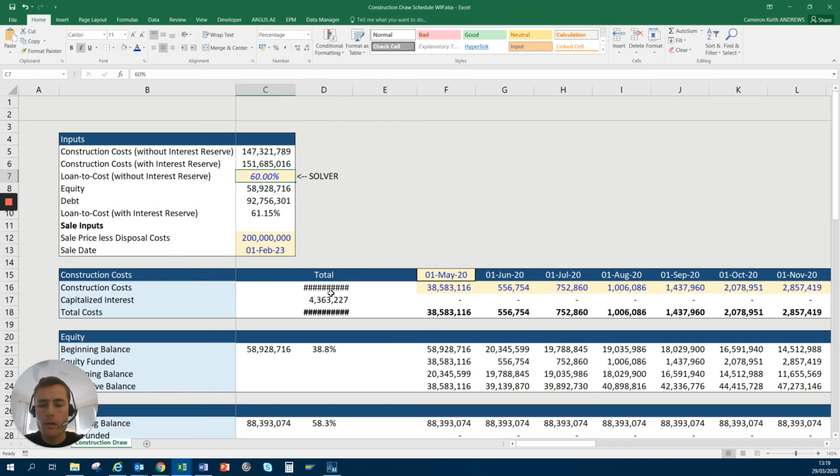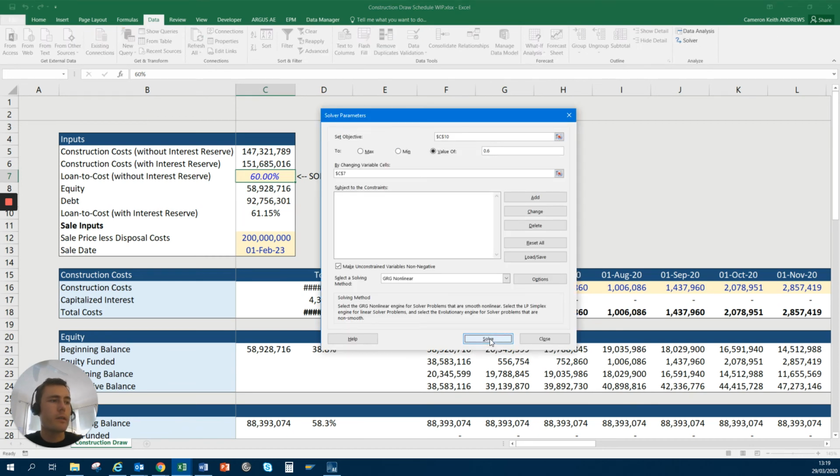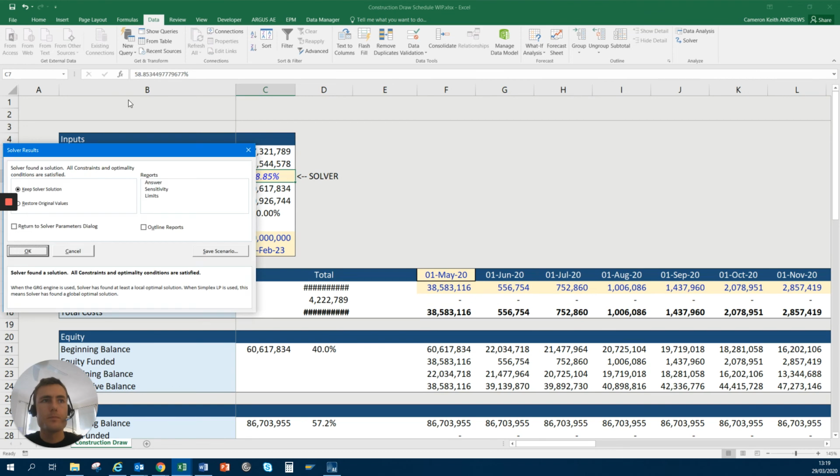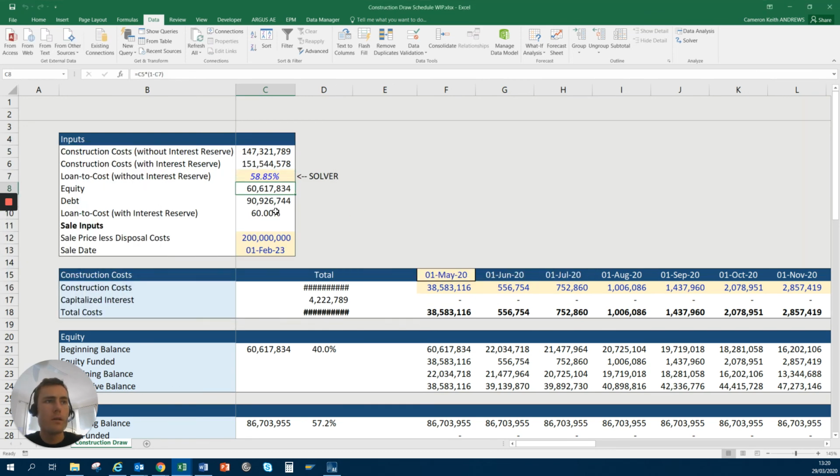If we then go to solve this, let's just quickly pull up Solver again. We'll run it. Now they need 60.6. So about $1.75 million extra worth of equity that needs to go into this development project, because there's going to be capitalized interest.